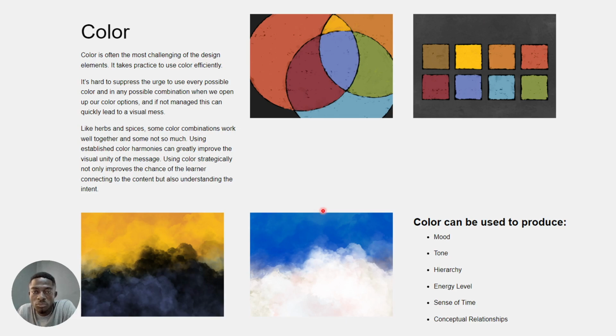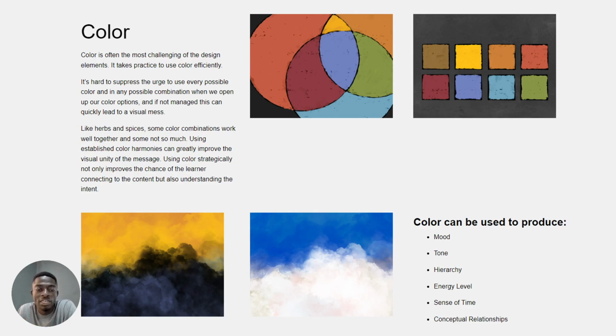So you can have combinations of colors, you can have just colors within shapes. Speaking about shapes, you can also have colors within texts too, and that contributes to the general color of the artwork.